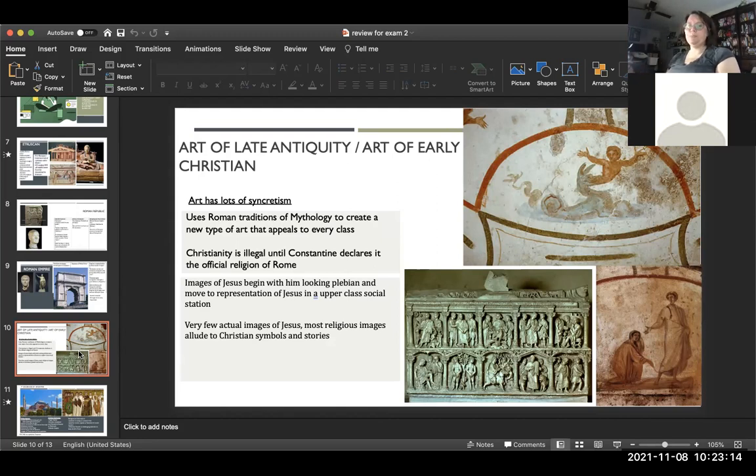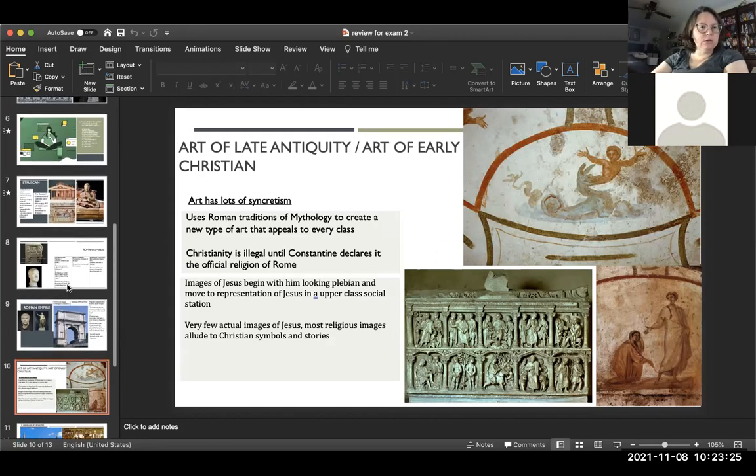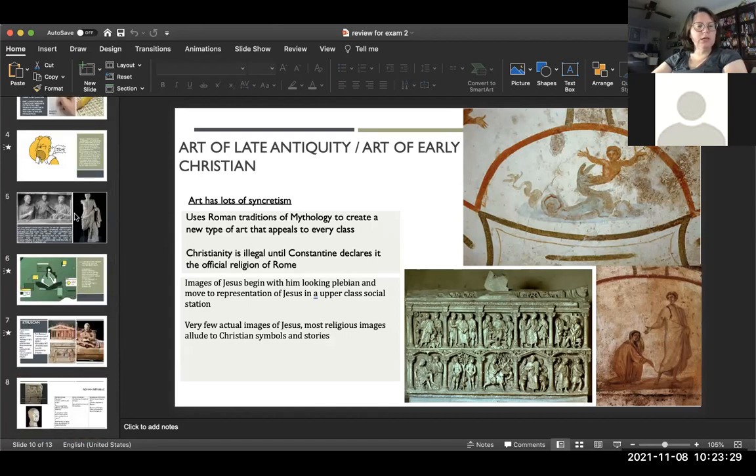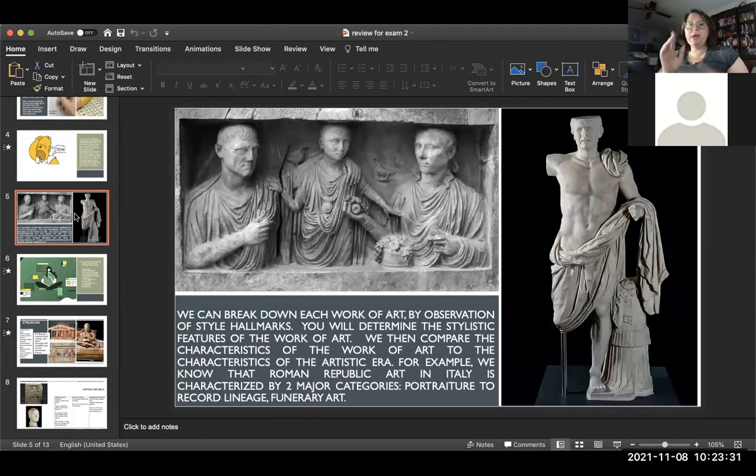What was the big difference between the plebeians and patricians in their art? Okay. Let me go back over that so that we're clear, because I kind of confused you a little bit. So plebeians have one type of art only, and it's funerary.